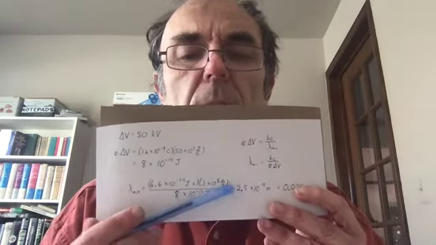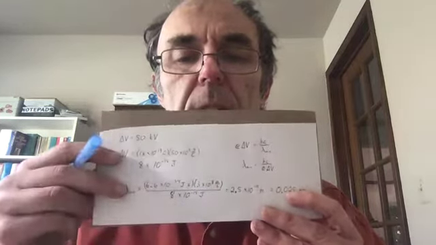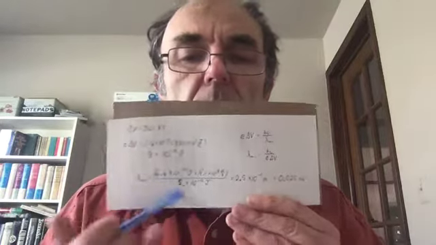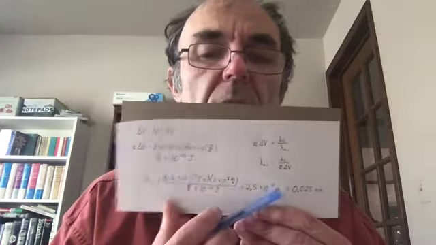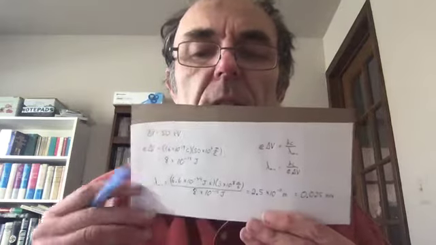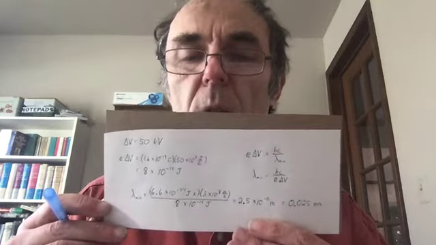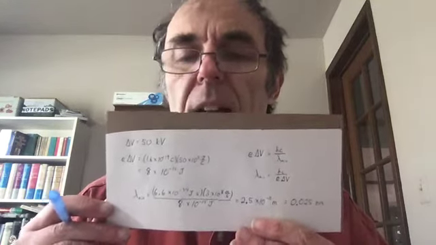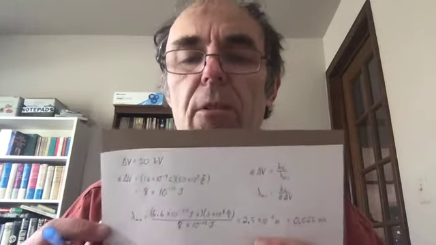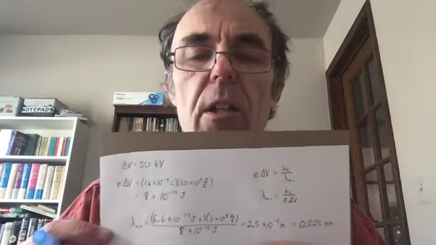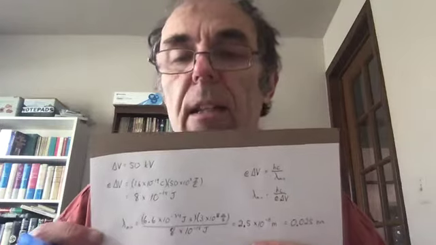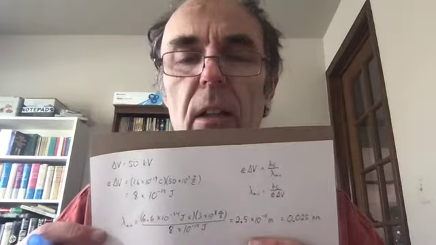And what you get is 2.5 times 10 to the minus 11 meters, or in other words, 0.025 nanometers. So you see you're getting very short wavelength, high energy photons well into the X-ray spectrum. So this is the way X-rays are generally produced in the experimental lab and in medical applications.